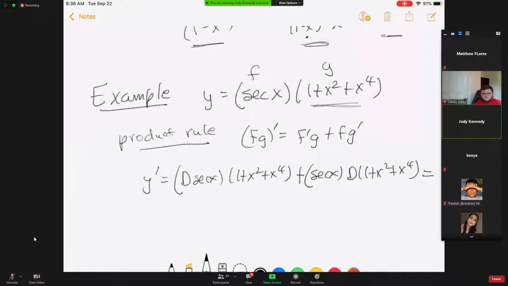And the derivative of the secant is secant x times tangent x.